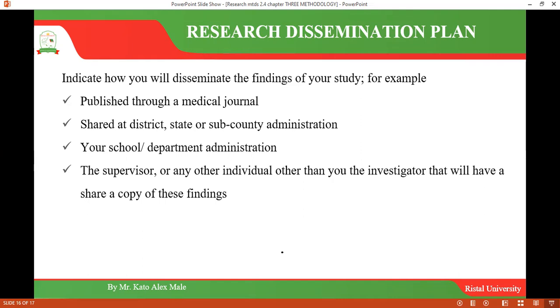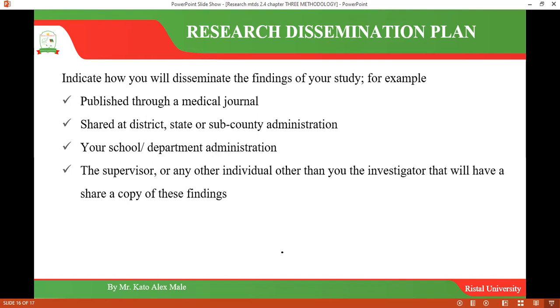The data will be shared at district or state or sub-county administration. That one is also okay. The data will be shared with my school or department administration. That one is also okay. Then I can also say this data will be shared with the supervisor or any other individual other than me, the investigator, that will share a copy of these findings.